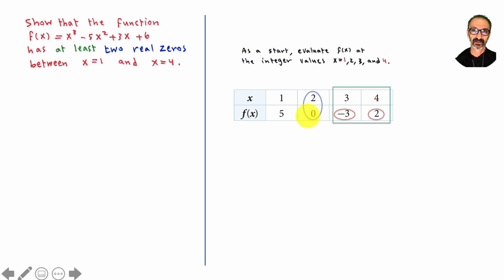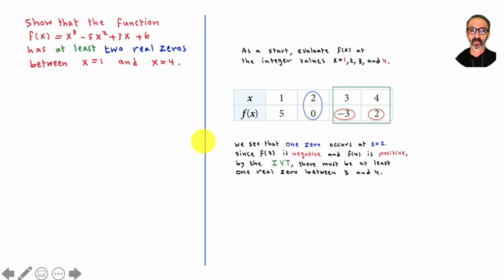So one is done. When it says at least 2, let's find the other one. It's right here. That's why I'm boxing it for you. At 3, you are below the x-axis at -3. Once you go to 4, you are above the x-axis. There is no way that you could jump from below to being above without crossing the x-axis between 3 and 4.